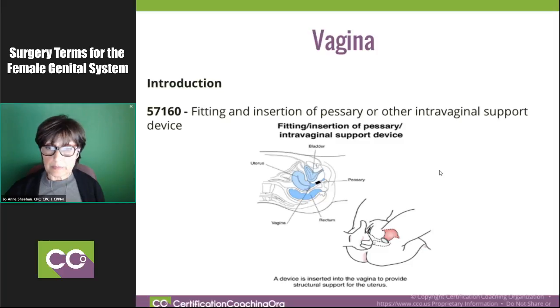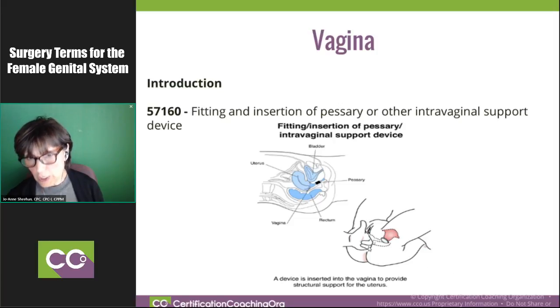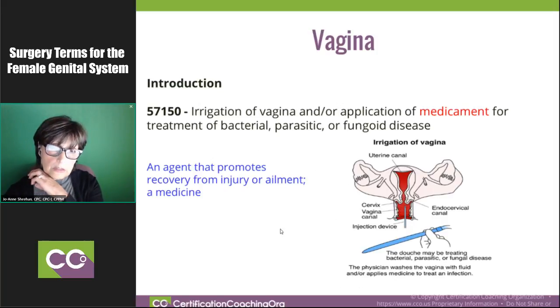Basically, this is the female anatomy, and the pessary goes right in here for structural support, and the doctor just pushes it in. I'll give you more information on the pessary and how to code for that, because there are very strict rules with that, but I'll touch on that in a second.